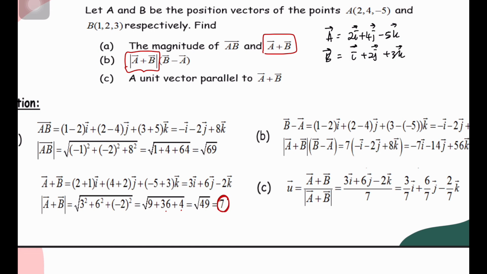We already have it equal to 7. So now you need to multiply 7 with the vector B minus A. So we need to find first what B minus A is.